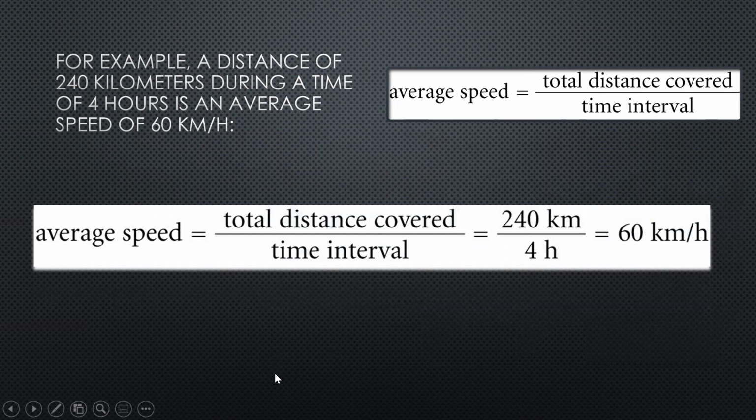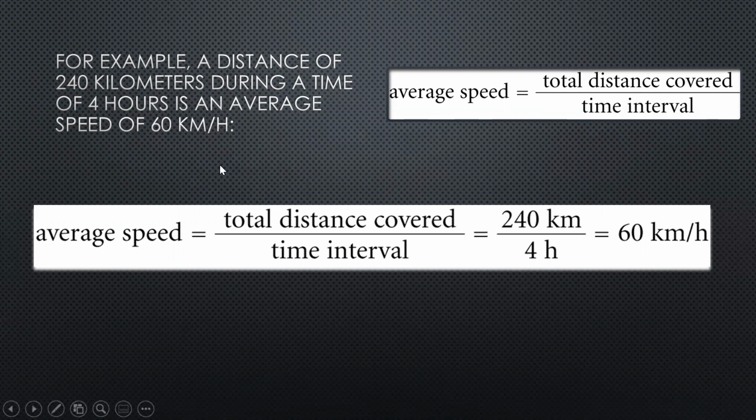What we like to do in our physics class when we get a word problem like this is take our givens, take our unknown, look for the equation, and then substitute and solve. Given, unknown, equation, substitute, and solve.